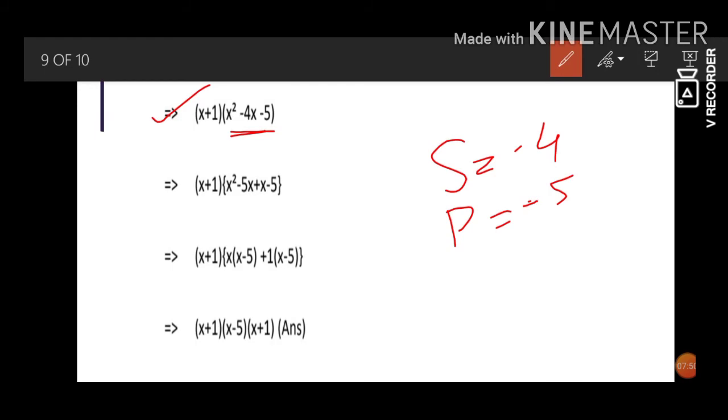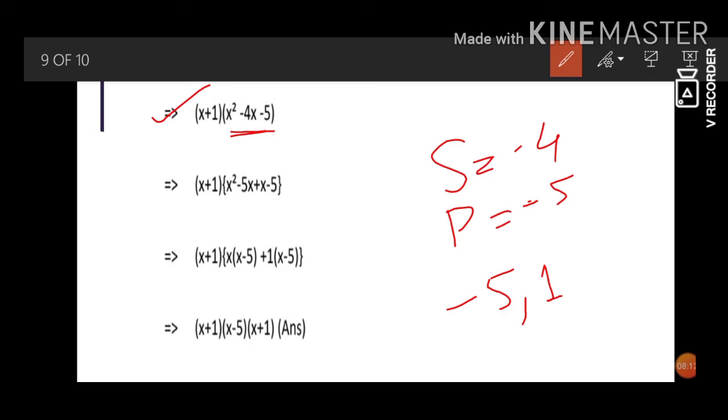We need to find two numbers which on addition give minus 4 and on multiplication give minus 5. Two such numbers are minus 5 and 1.